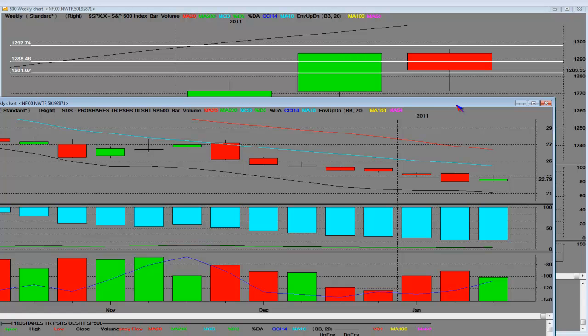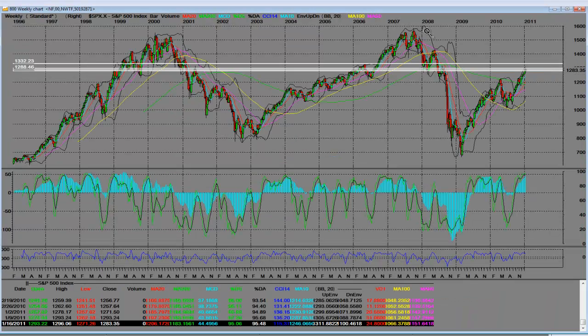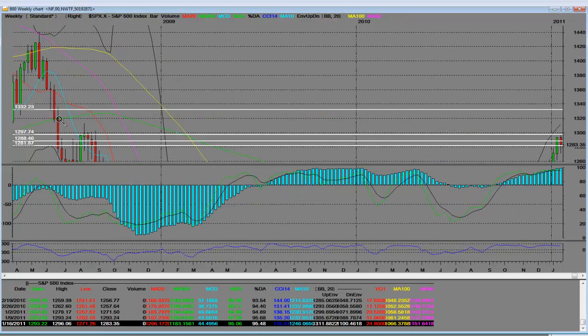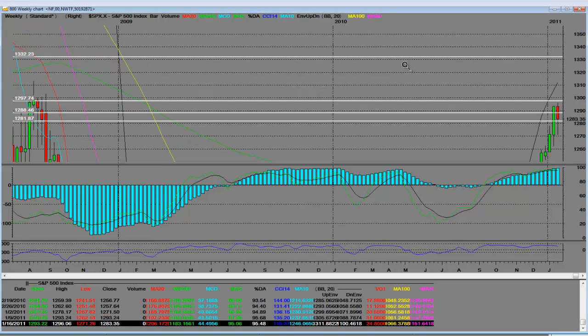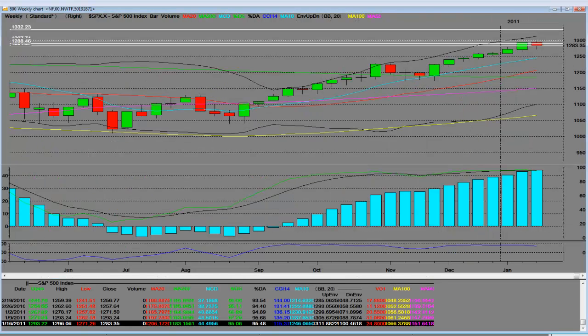So basically, when we're going to have market corrections, we take a look at each pattern of the S&P 500. The S&P 500 still has more room to go, and there are tops that can get up above here in that S&P 500. 1320 is our upside on the S&P, and on the lower end the S&P doesn't have any good support until we get all the way back down here.